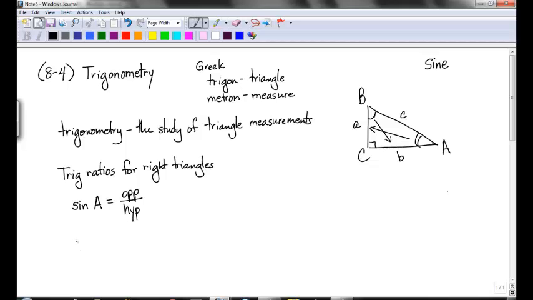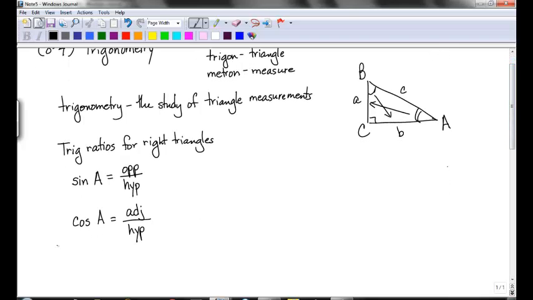Okay, and cosine of angle A is the adjacent side, and we're going to use ADJ for the adjacent side over the hypotenuse. Okay, and the last trig function we're going to look at is tangent.